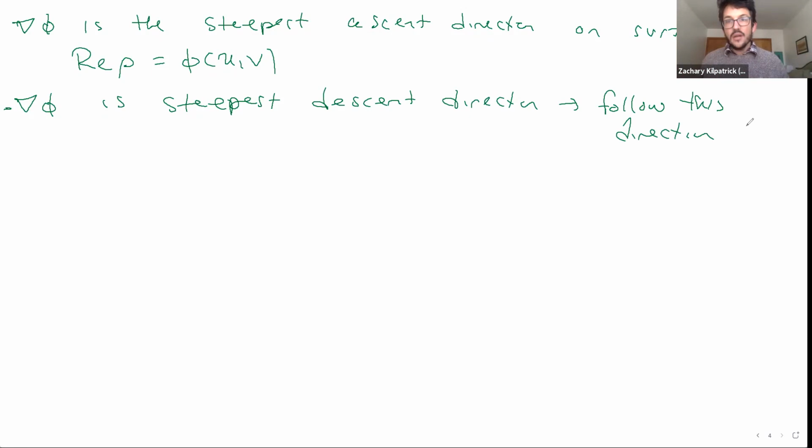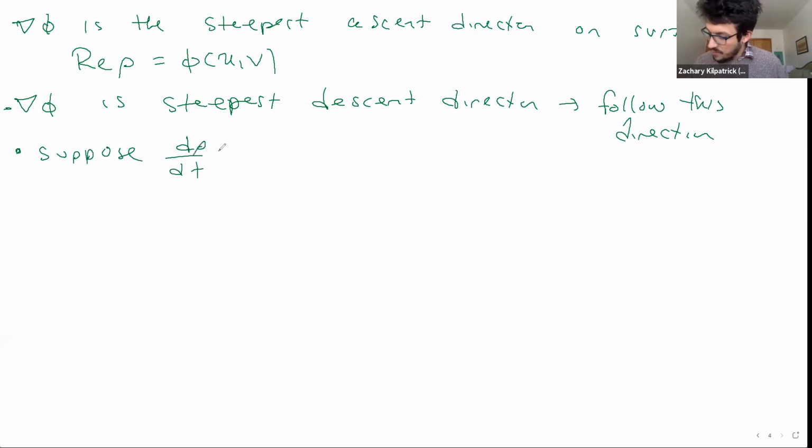The more rapidly your integrand falls off, the more that point mass is representative of the integral. So if you find the steepest descent direction, that gives you the best approximation in that case.